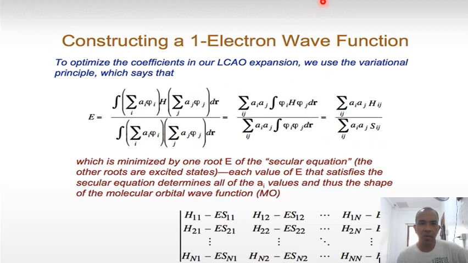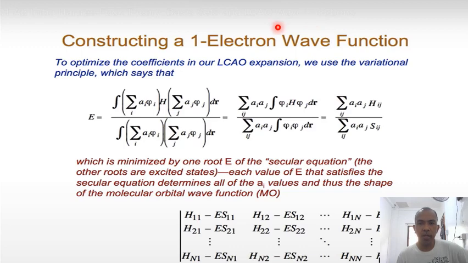Here our goal in the variation process is that we are going to take these molecular orbital wave functions, which are expressed as a linear combination of basis functions.